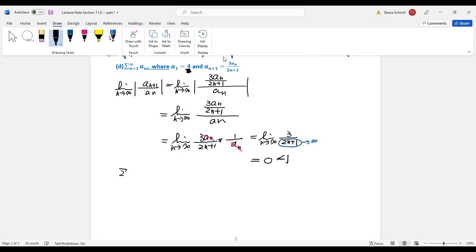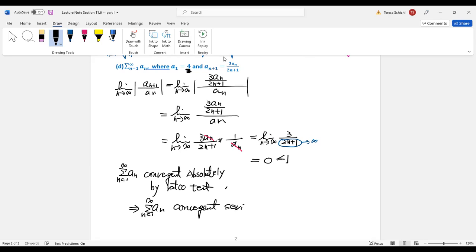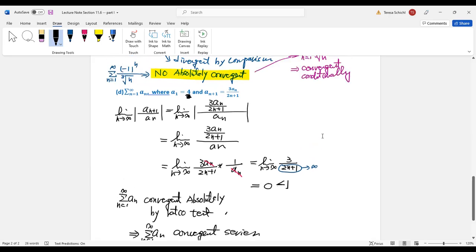So I know the summation from n equals 1 to infinity of a sub n is converging what? Absolutely, by the ratio test. Because it is absolutely convergent, it will be a convergent series here.